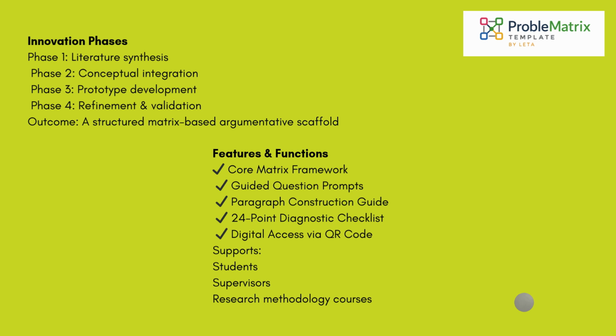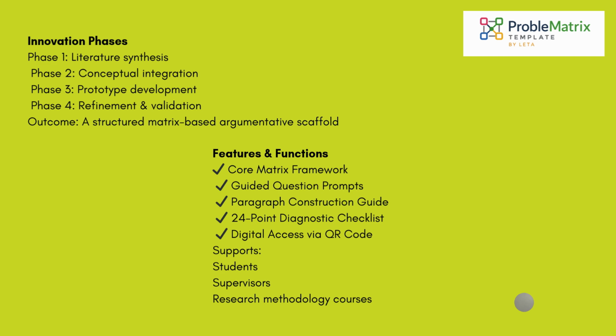Not just a template. Phase one covers literature synthesis, which means we didn't invent randomly. We analyzed structural models, rhetorical frameworks, and research question tools, and asked why students are still struggling.